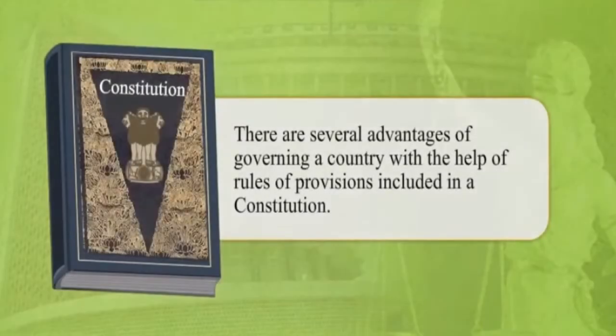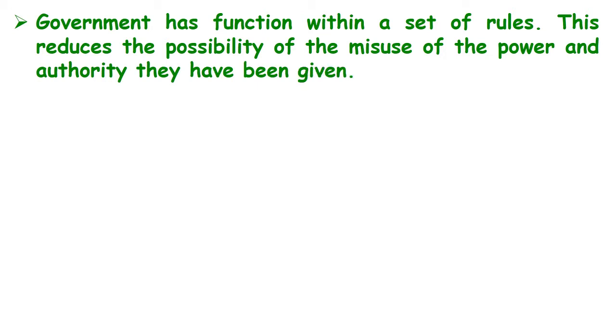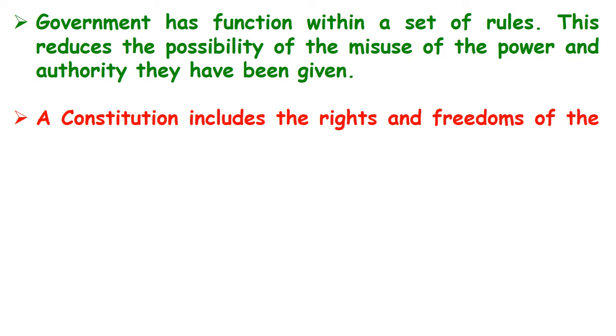There are several advantages of governing a country with the help of rules or provisions included in the Constitution. Government has to function within the set of rules. This reduces the possibility of the misuse of the power and authority that they have been given. A constitution includes the rights and freedoms of the citizens.